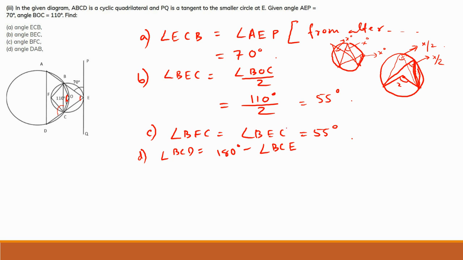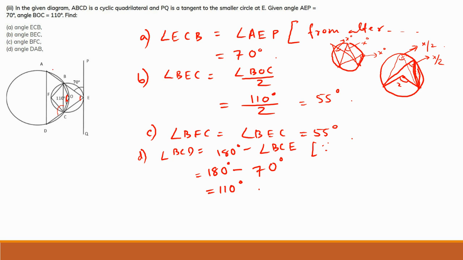Because this is a straight line. Just write it: since this is a straight line, the angle at C is equal to 180 degree. So BCD equals 180 degree minus BCE. We found ECB as 70 degree. So from here we get this as 110 degree.